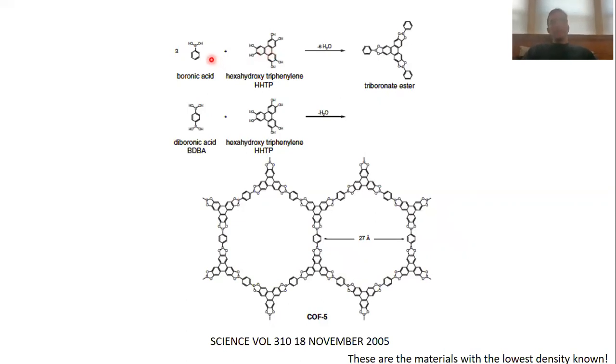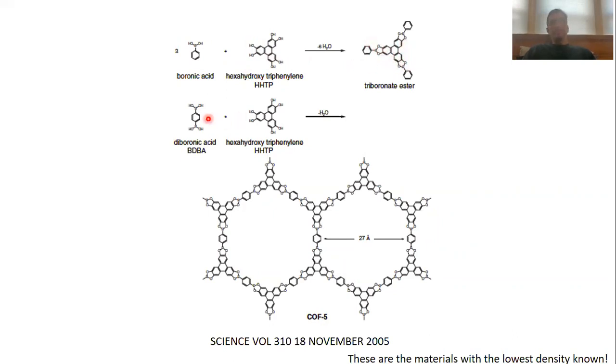At the molecular level, we can perform a reaction which is shown here. You can take a simple boronic acid like this phenylboronic acid and condense it with this hexahydroxytriphenylene unit, which has three pairs of hydroxy groups here in ortho position. If you choose the molar ratio 3:1, we will react all these OH functionalities and get this boronic ester molecule here.